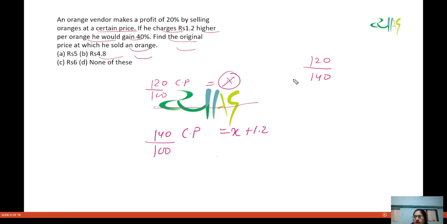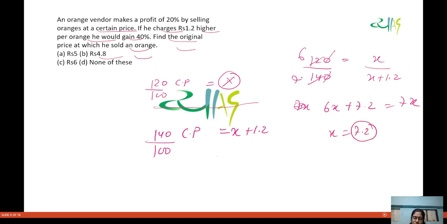Cost price into cost price will get cancelled, and you get x, which is the profit. This is basically 6 by 7. So 7, basically 6x plus 7.2 is equal to 7x. So x is equal to 7.2.